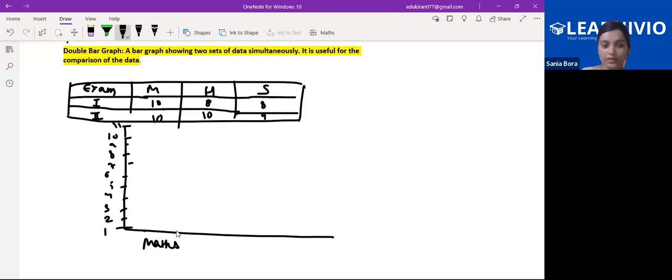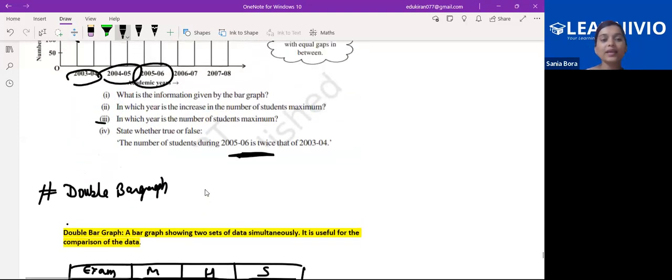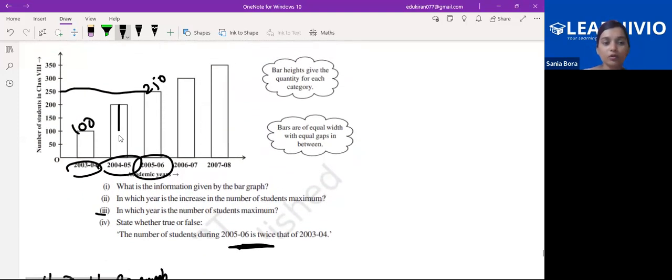One extra always. So in maths in term 1 they scored 10. So you made it 10. In term 2 also they made it 10. So in one bar only you need to divide it. Over here it's like you are drawing it and you are just dividing into two parts.